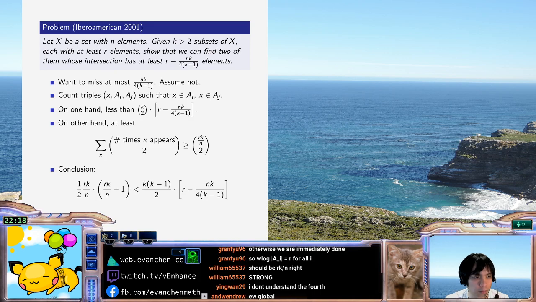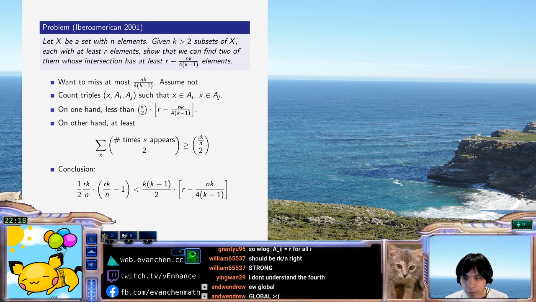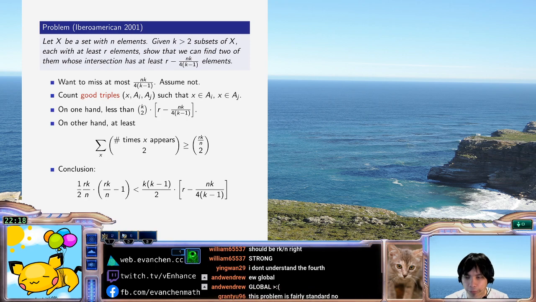So to clarify, what's happening is we're looking at how to count good triples. One way is you can count by picking AI and AJ first.